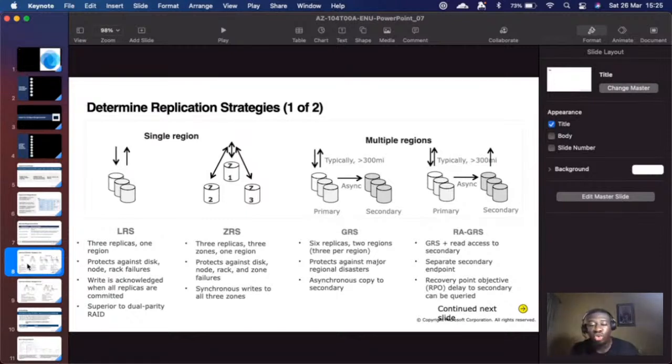When you have your geo-redundant storage configured, the secondary copy, which is in another region, would automatically be converted to the primary copy.